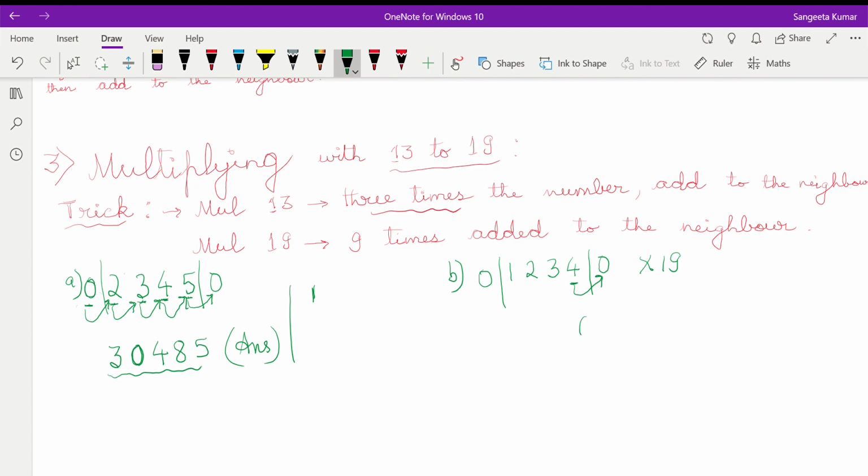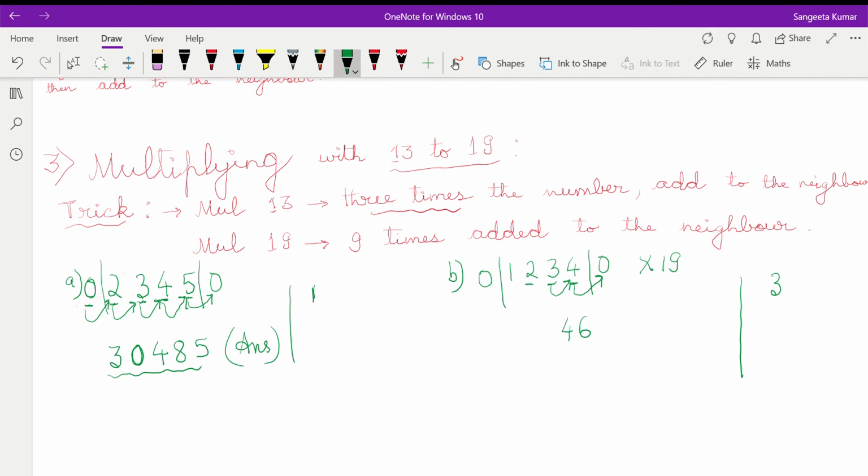Out of 36, 6 we have here and 3 is in our hand. Now 3 into 9 is 27. 27 plus 4 is 31. 31 plus 3 is 34. So we write here 4, 3 is in our hand.